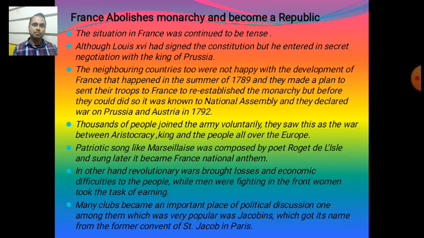But before they could send their troops and reestablish Louis XVI, this whole plan was known to the General Assembly, and they declared war on Persia and Austria in 1792. So there was a war in which France defeated both Persia and Austria.